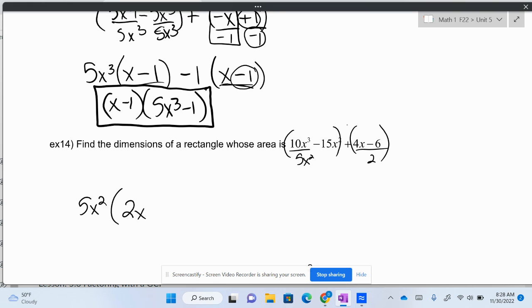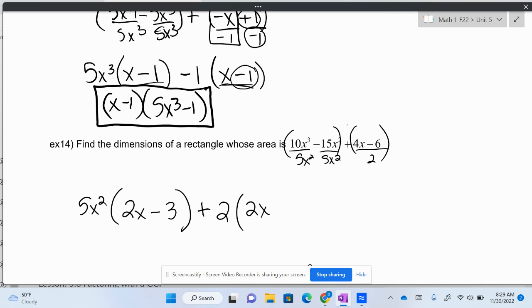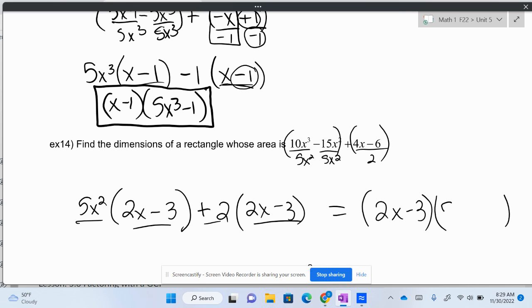Negative 15x squared divided by 5x squared is negative 3. Do you guys see that? If I take a 2 out, 4x divided by 2 is 2x, and negative 6 divided by 2 is a negative 3. So I have my repeated term, and I put that first. That's my first binomial, multiplied by what I have left over, 5x squared plus 2.